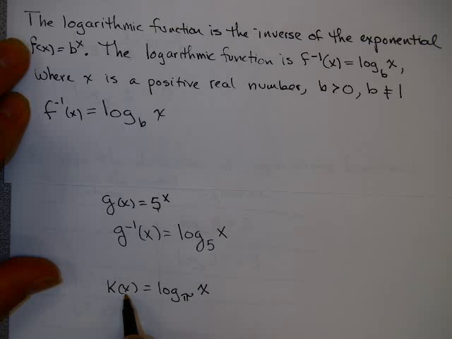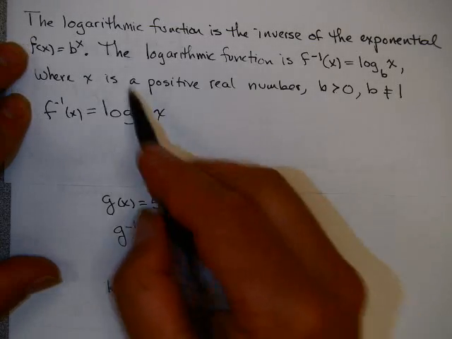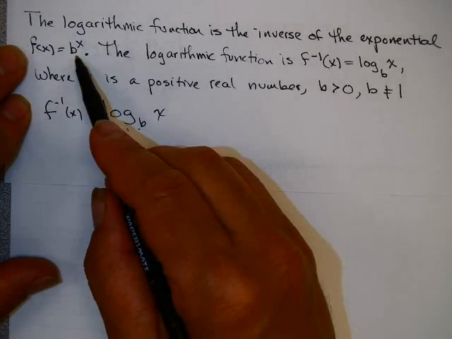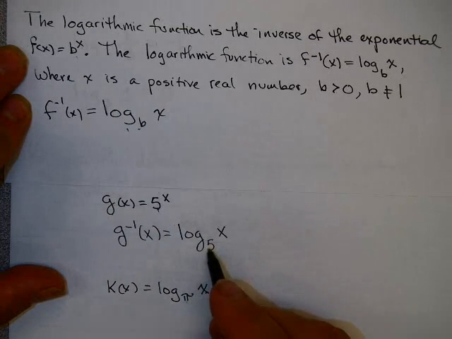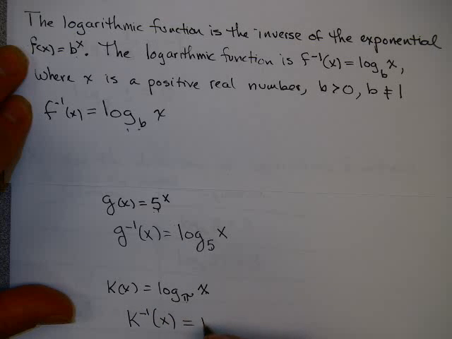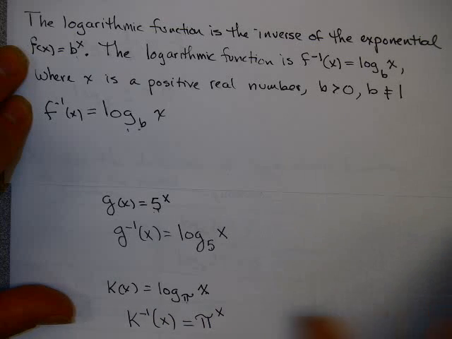Here I have k of x equals log base pi of x. What's the inverse of that? Well, if you're given the logarithm, the inverse is the exponential. It's pretty easy to see that the inverse here has to be pi raised to the x power.